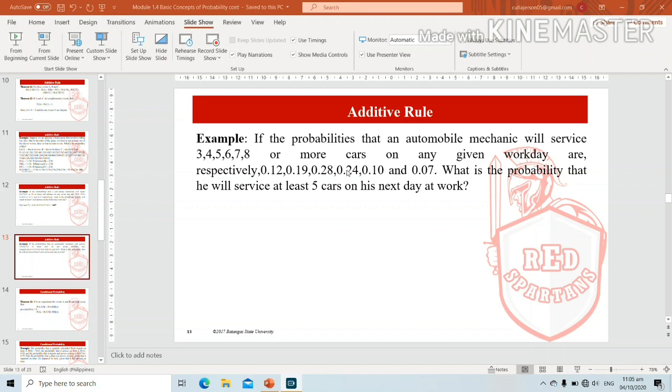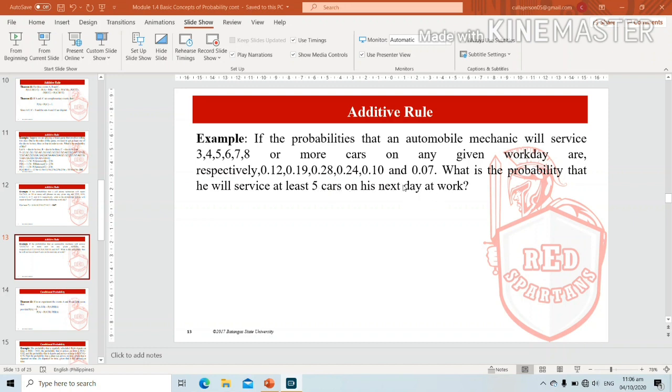Another example, if the probabilities that an automobile mechanic will service 3, 4, 5, 6, 7, 8 or more cars on any given workday are respectively 0.12, 0.19, 0.28, 0.24, 0.10, and 0.07, then what is the probability that he will service at least 5 cars on his next day at work?